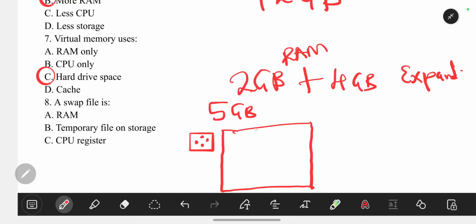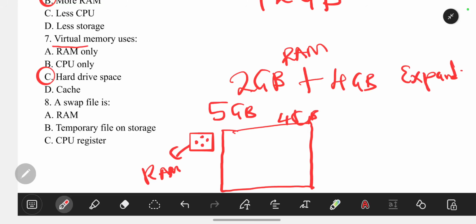From the hard drive you have this expandable RAM, which is your 4 GB. Let's say this is the 4 GB from the hard drive. Now this memory, which is the virtual RAM, is not in this small RAM box, but it is in this bigger hard disk.